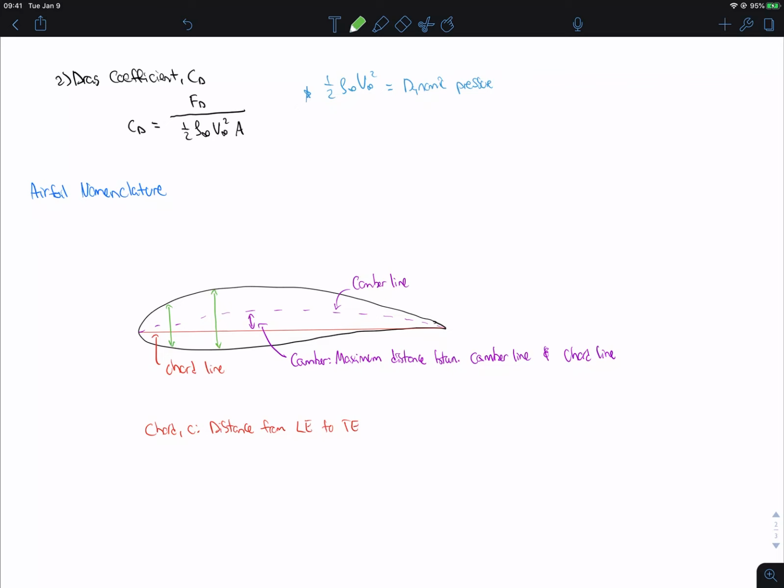So our thickness is going to change as we go along the airfoil. Okay, make sure you get a little familiar with that so you know what you're talking about in your lab report.